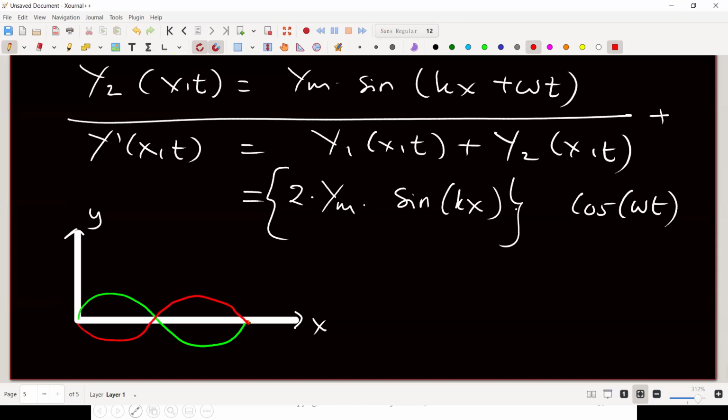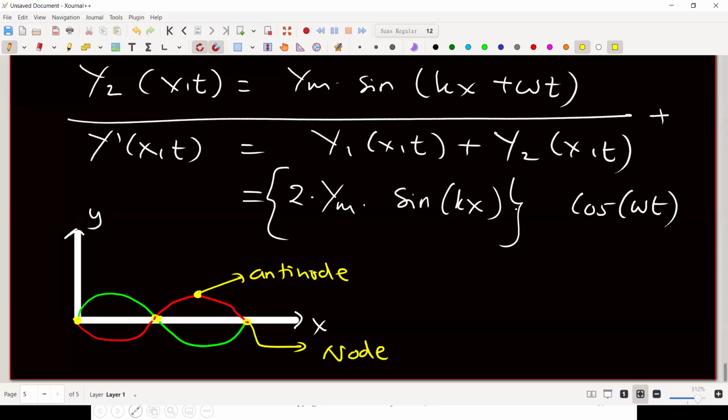For example, this one we can call a node, and this one is an antinode.